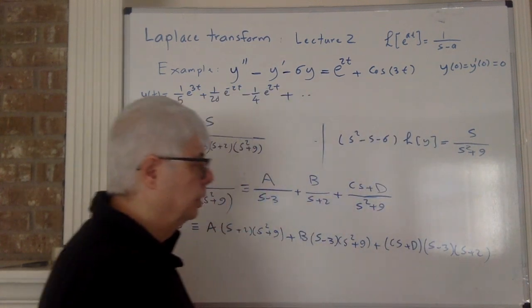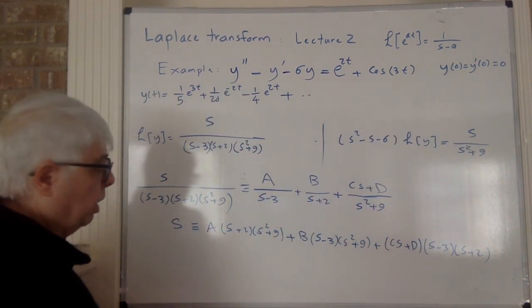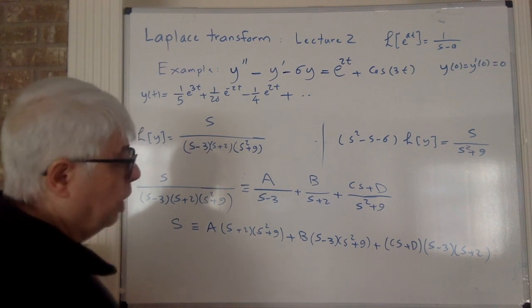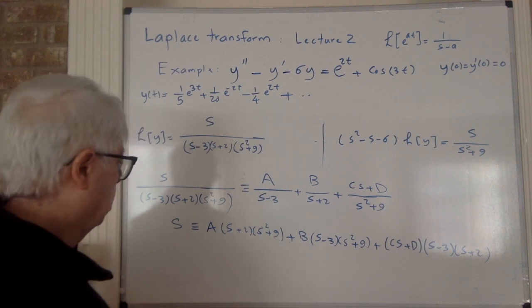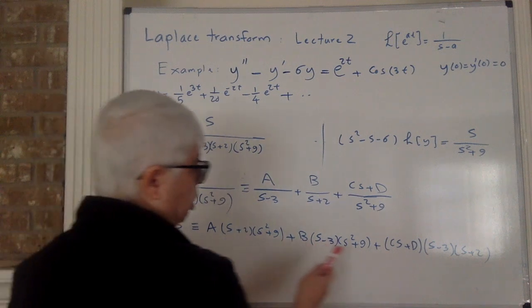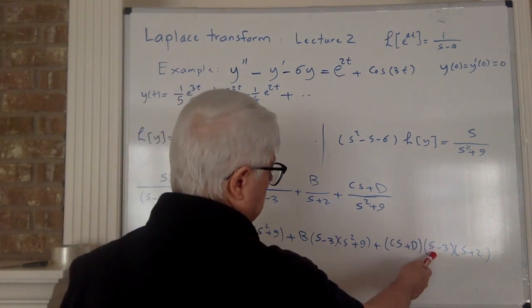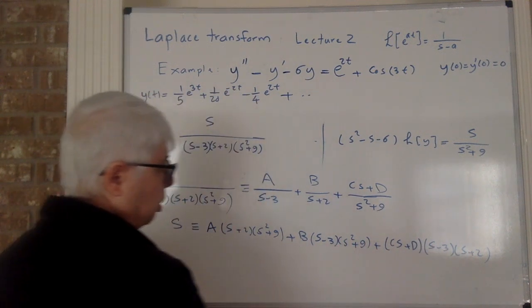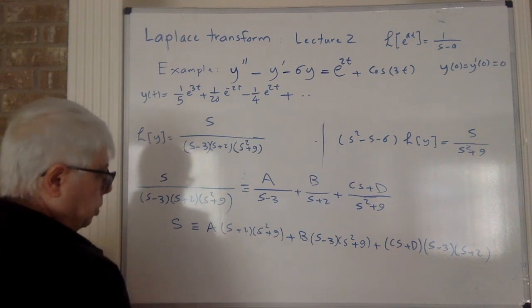Okay? Well, I can use that method to find at least, well, let's see, if I set s to be 3 or minus 2, this will be 0. So I can find these two.